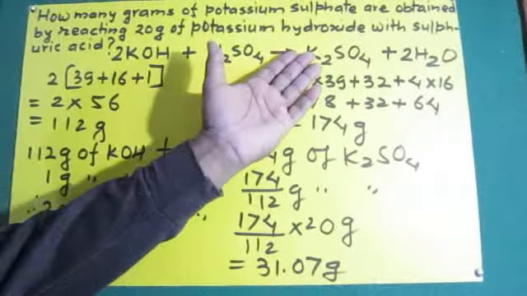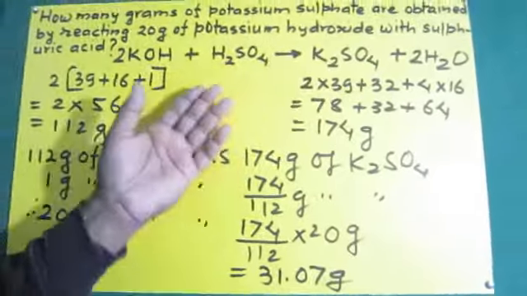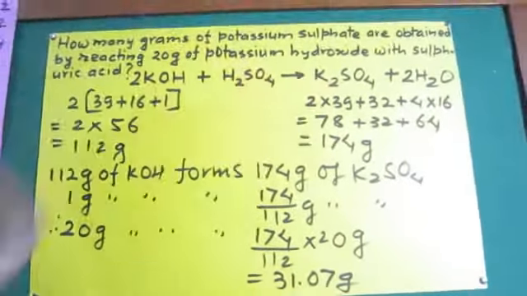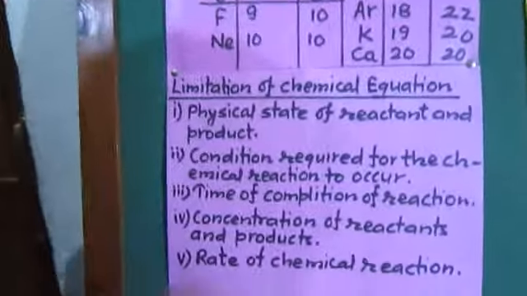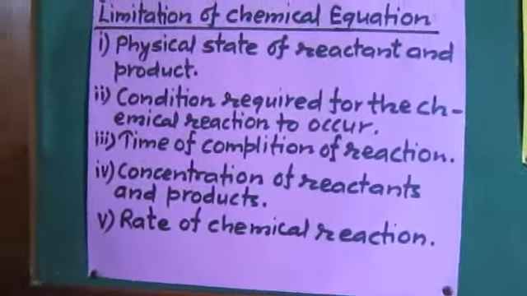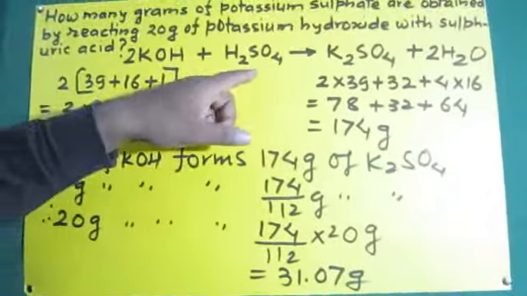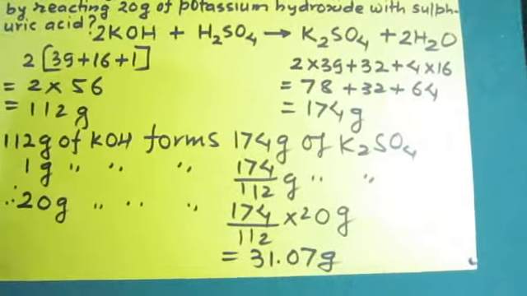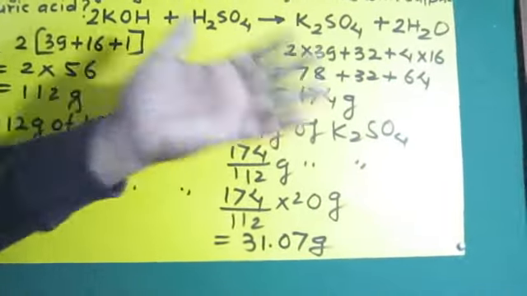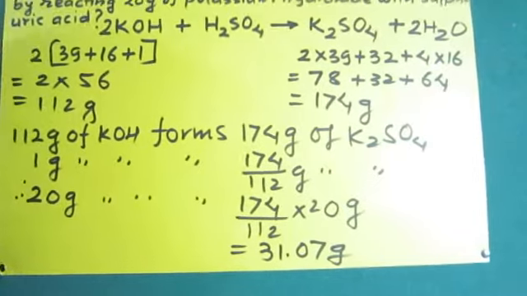It's not represented. A chemical equation cannot represent the concentration of the reactant and product. This is another limitation of a chemical equation. Rate of chemical reaction. How fast did this reaction occur? Whether it takes 10 minutes, 15 minutes, 20 minutes or just 1 minute cannot be represented by a chemical equation.